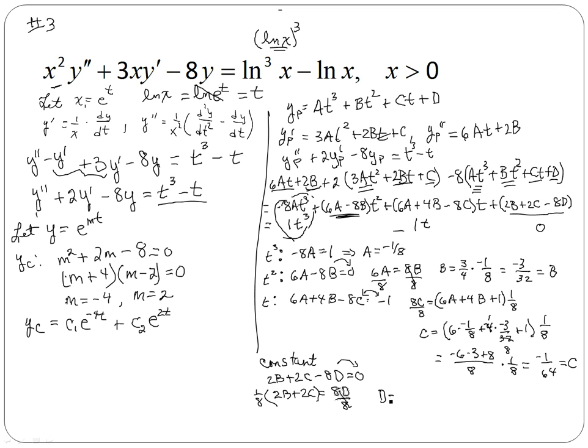And so I'm going to get d is equal to 1/8 times 2b. Let's see, b is negative 3 over 32. If I multiply by 2, I'm going to get negative 6 over 32 plus 2c. Multiplying by 2 gives me negative 2 over 64.